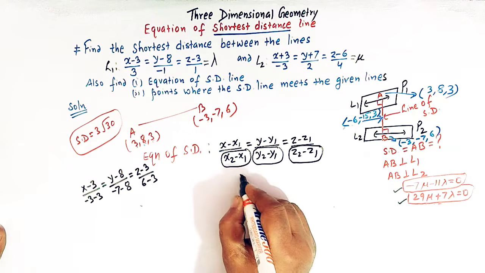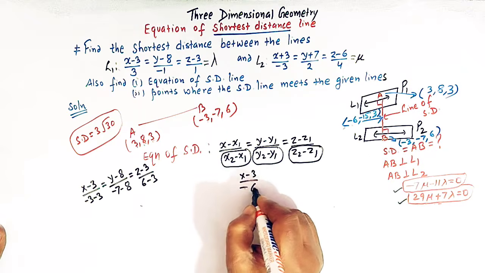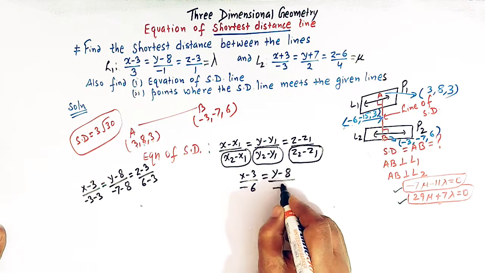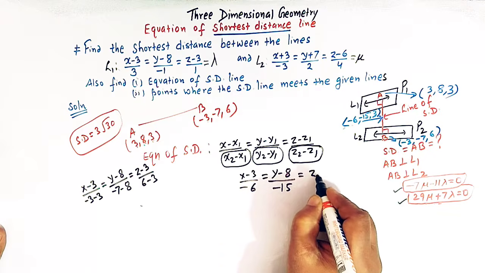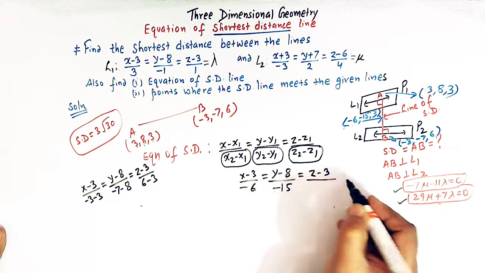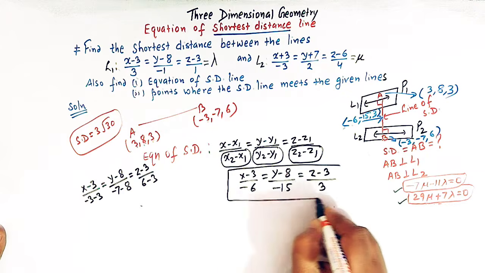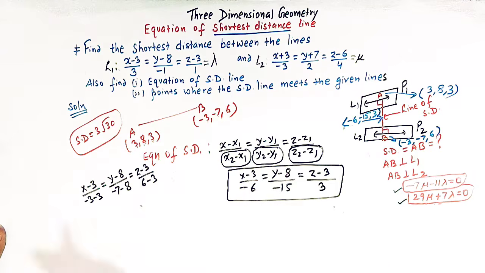So this is x minus 3 over minus 6, y minus 8 over minus 15, and z minus 3 over 3. So this is the equation of the line of shortest distance.